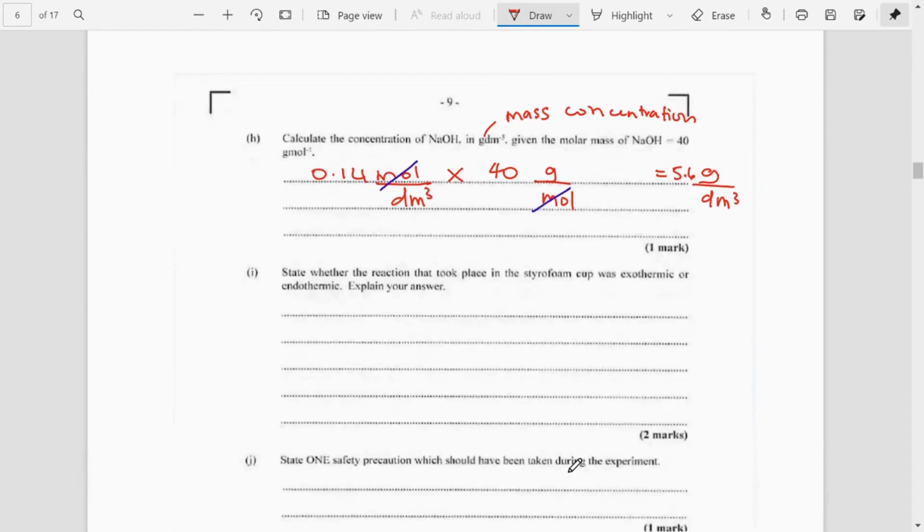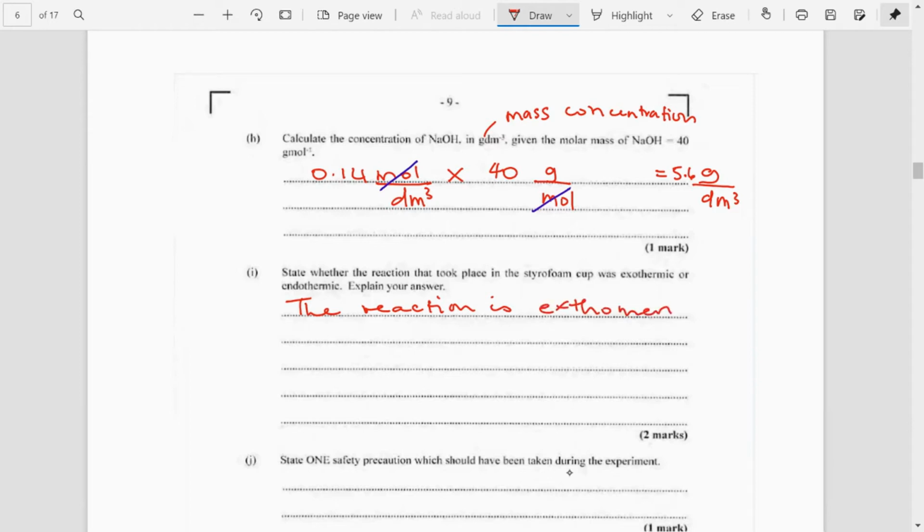State whether the reaction that took place in the styrofoam cup was exothermic or endothermic. Now, of course, we know that neutralization reactions, or acid-base reactions, are exothermic reactions. So the reaction that took place is exothermic.